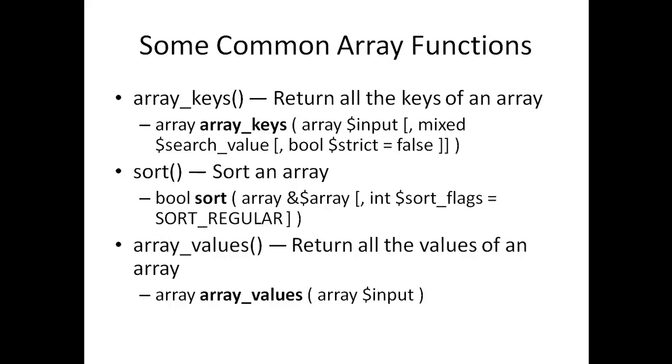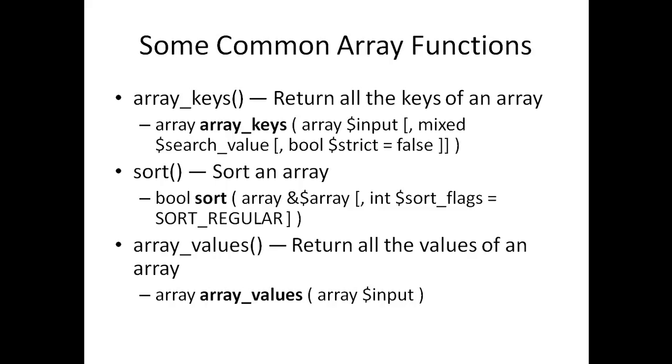array_keys is a function that returns all the keys of an array. We use this sometimes when we do loops, although there's a neat little construct called foreach that PHP uses, which makes it very easy to get keys and values for an array. So array_keys returns an array, and it takes an array for an input as well as a search value, and whether or not you're going strict.